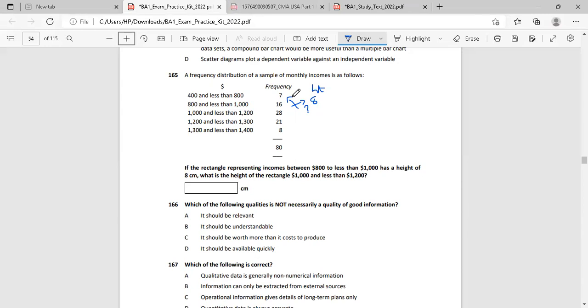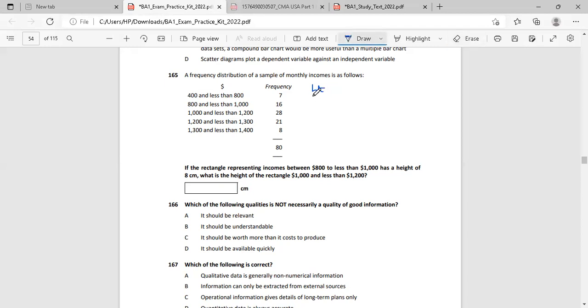So for 1000 and 1200, then in that case it would be 8 into 16 by 7. No, but we have to find out for 1000 and less than 1200, so we don't need to consider the 7 part itself. The 16 and 28 will be taken into account.